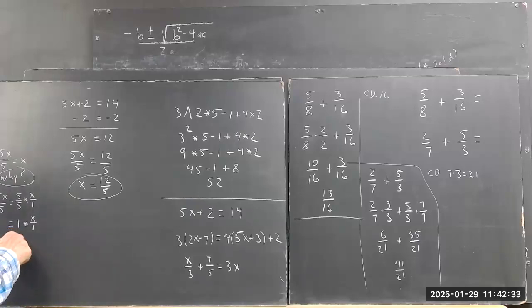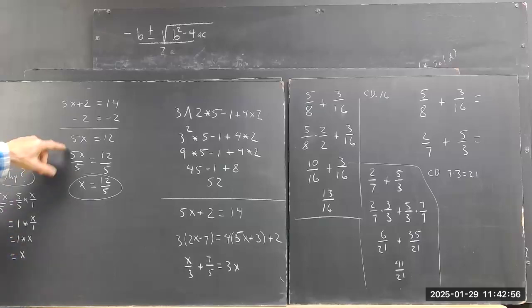So you can say, well, that's just 1 times x, because anything you divide by 1, you get that thing. And you multiply 1 by any number, you get that number. So multiplying or dividing by 1 doesn't change the number at all, and you get x. So that's why you can do this.